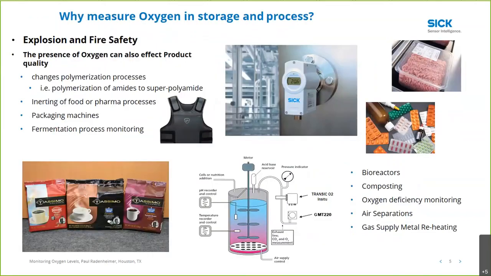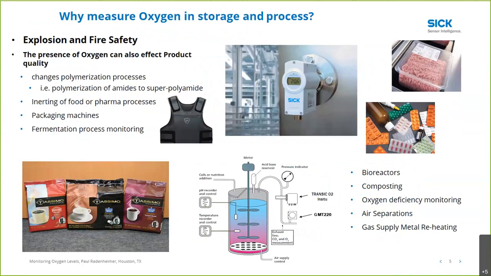But today, we're going to talk about why we measure oxygen in storage and process and how we do it. We're going to focus specifically on explosion and fire safety today. However, the presence of oxygen can also affect a number of other factors, such as product quality, changes in the polymerization process, for instance, in making super polyamides.